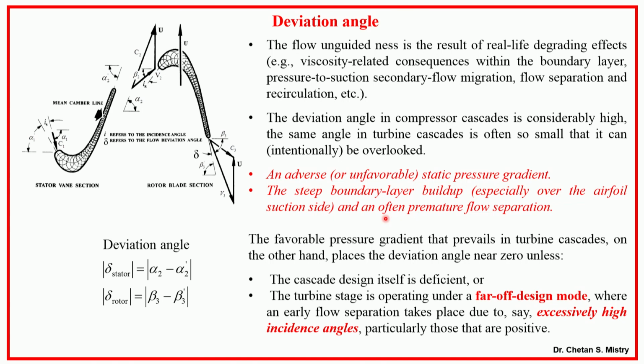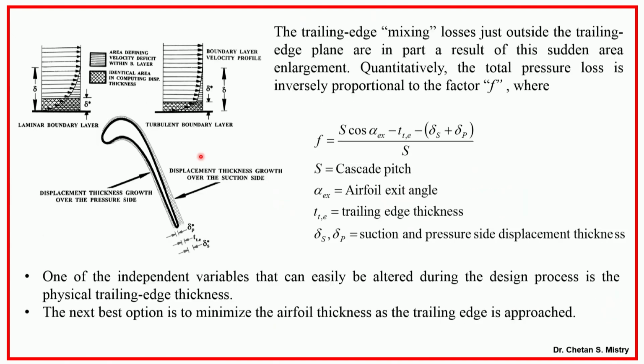Now, when we talk about a turbine, what is happening? We have a favorable pressure gradient, so most of the time my flow sticks to the blade. When it works under off-design conditions, that means with a change of incidence angle, you will have the formation of a wake. So there the deviation angle plays a role.